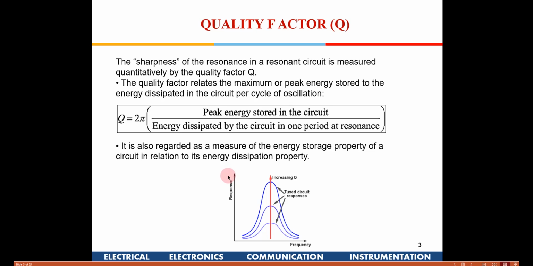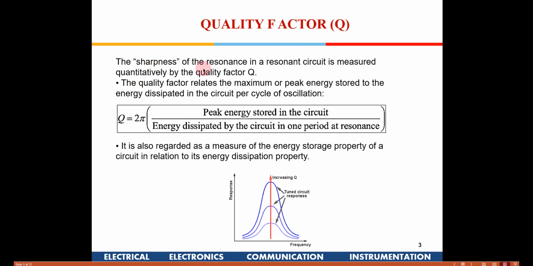Now also this is a very important thing, which is quality factor, which is used in all RF designs. So let me introduce you to this term. What is quality factor?